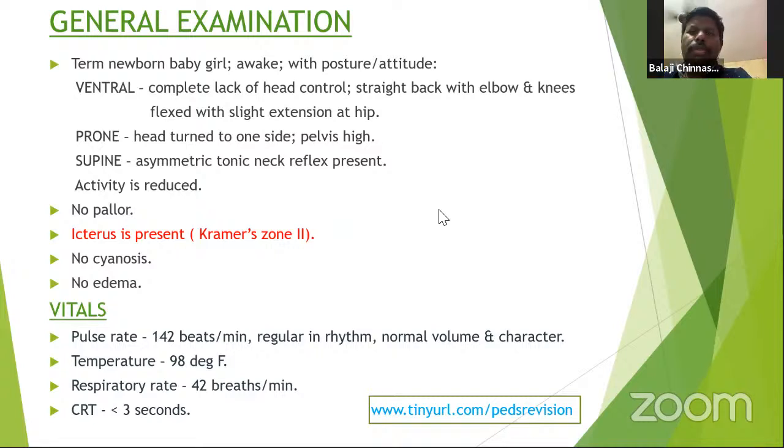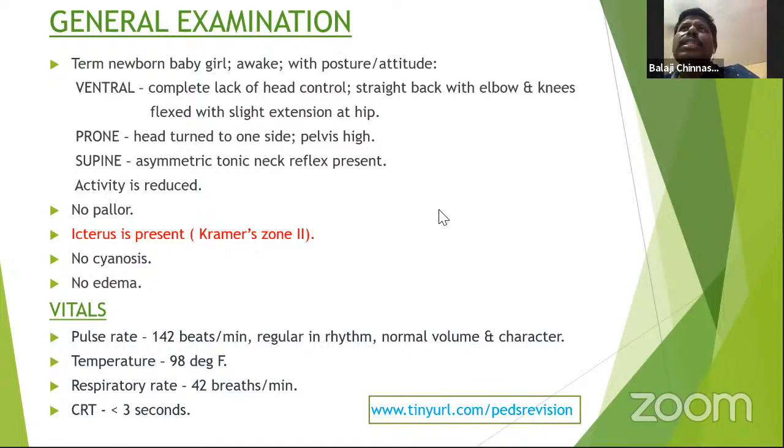So in general examination, first is your sleep state. So conscious and oriented, we say, no? So here the baby is awake, in a stage of wakefulness.